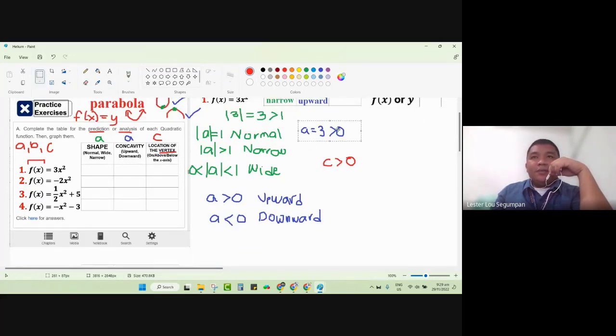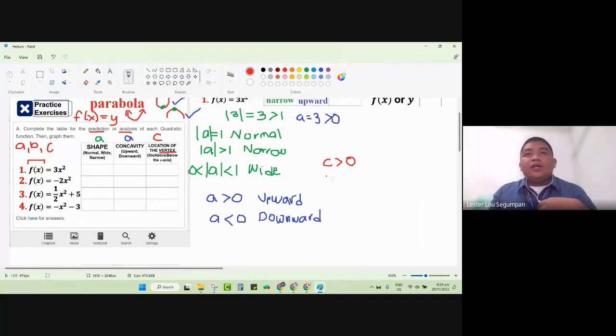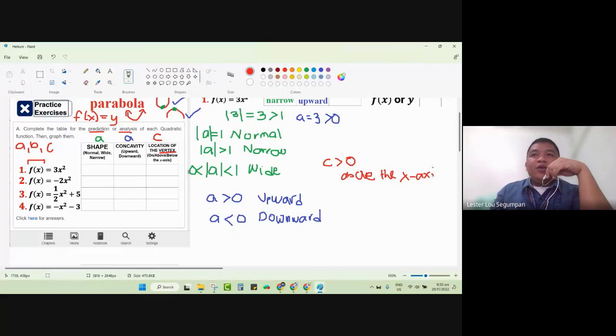let me move this up a little bit here. If our C coefficient is greater than 0, we are expecting that our vertex is above the x-axis. You would see it later as we are going to try graphing all of these four.